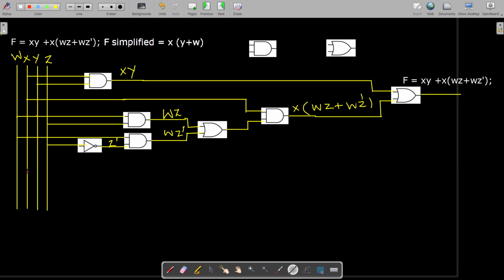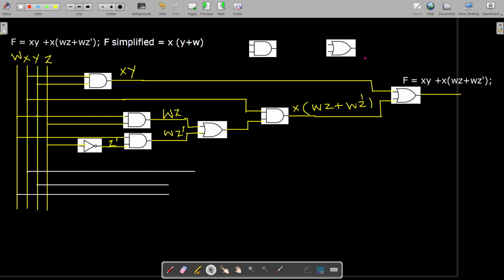First we'll take the x connection, and then y plus w. So we take the connection from this w. They are y plus w, right? So this y and w must be given to a two input OR gate.